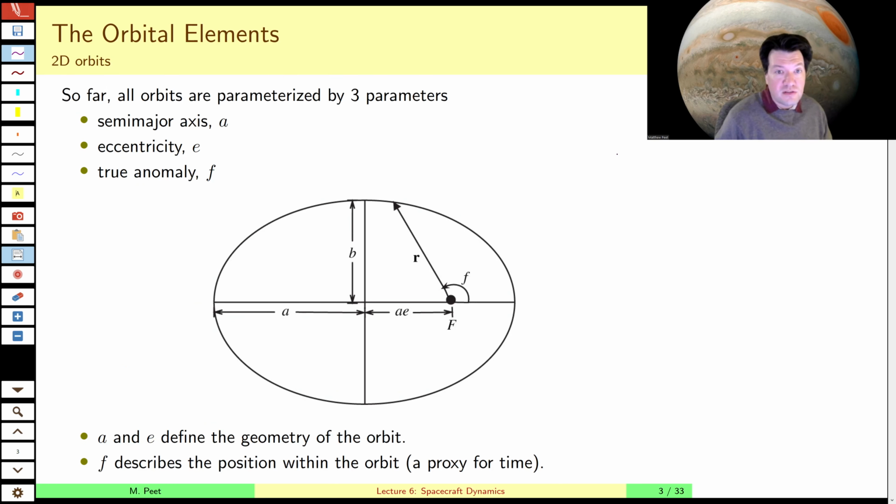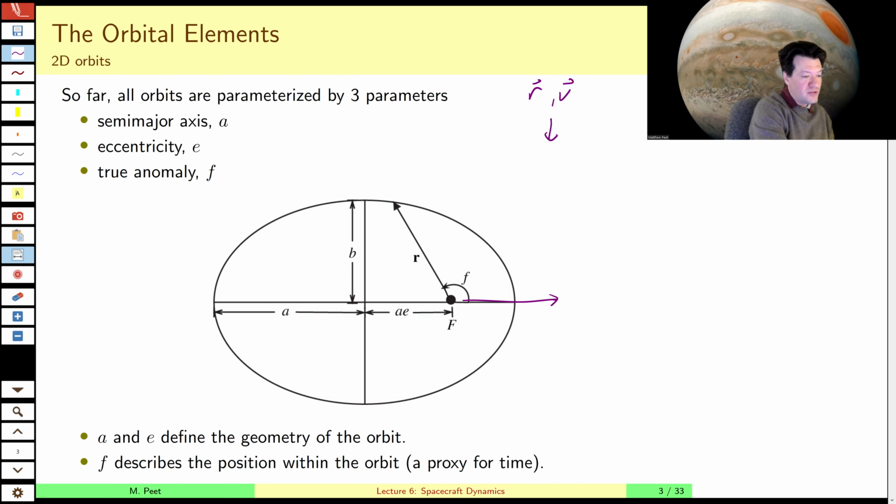So to start off, here's our two-dimensional ellipse, and we're going to use this ellipse and take our position vector and our velocity vector and define a coordinate system for them.